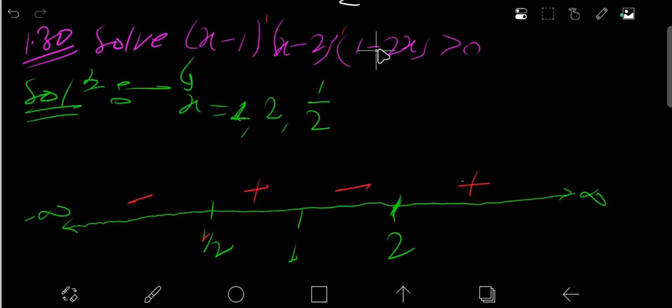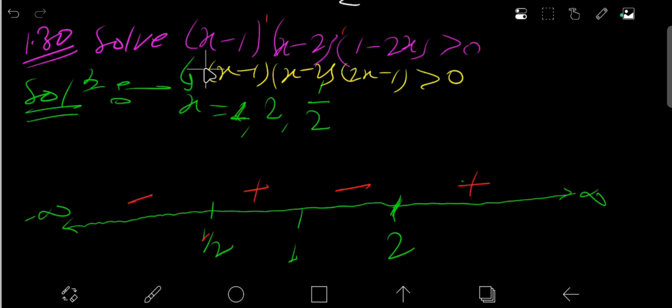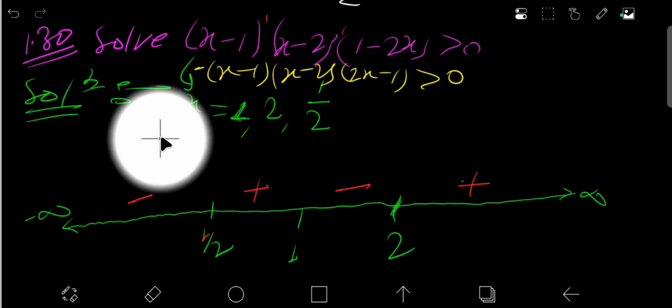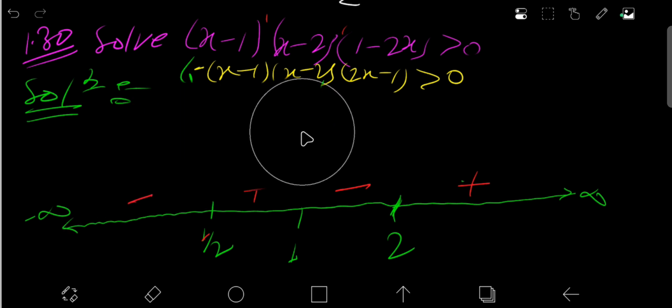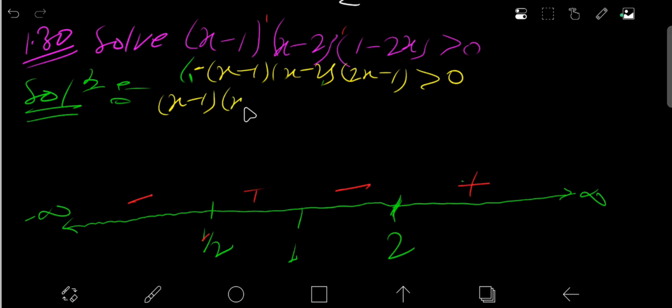When we multiply, we take common out minus, so this changes to 2x minus 1. So x minus 1, x minus 2, and 2x minus 1 is greater than 0, and here we take common out minus 1, and now we multiply by minus 1 on both sides, so this expression changes to x minus 2 and 2x minus 1 less than 0.